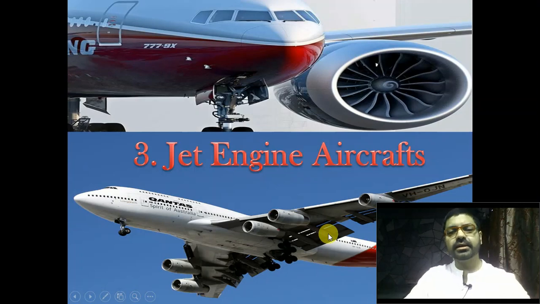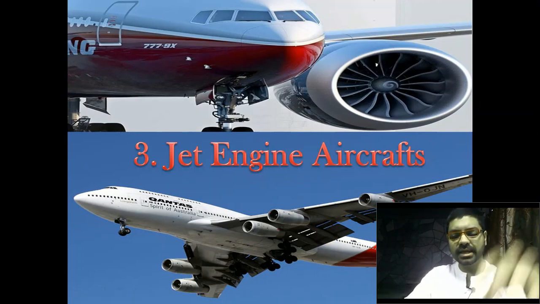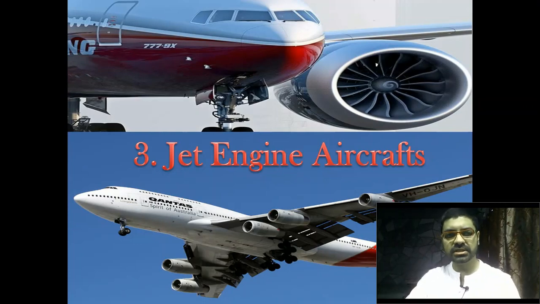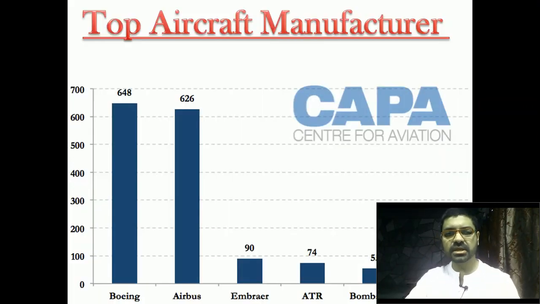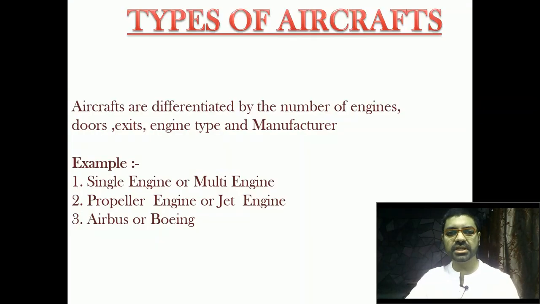So basically an aircraft is differentiated by the number of engines. You can say it is a single engine aircraft or a multi-engine aircraft. That is how you can differentiate the aircraft. Then come the manufacturers. It could be Airbus and Boeing, or there are a few other manufacturers as well.